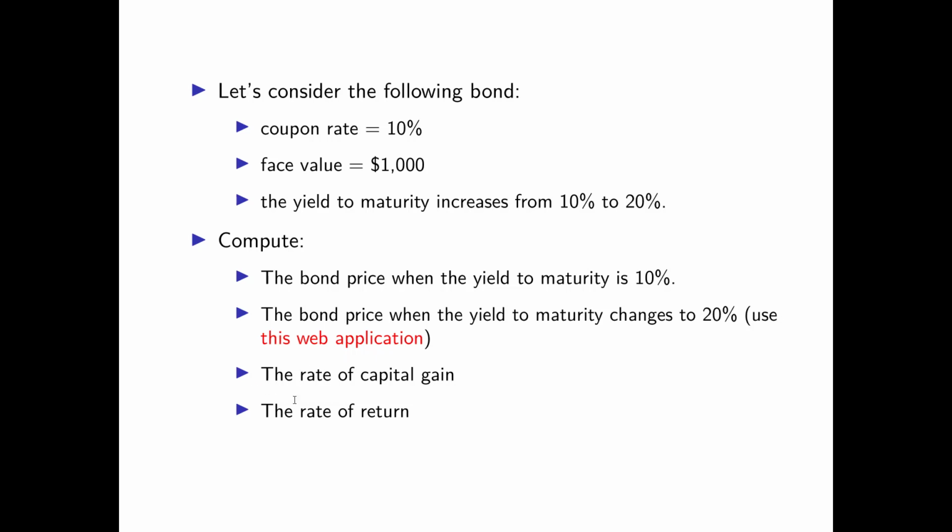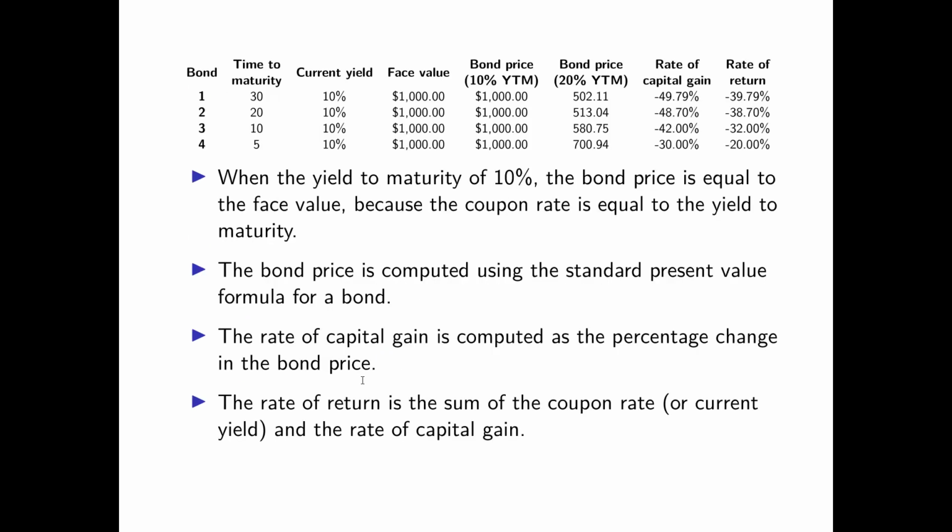We also need to compute the rate of capital gain, which is the percent change in the price of the bond. The rate of return is the rate of capital gain plus the current yield, which we will have to compute as well. These are the 4 bonds that we are going to consider for this small exercise.